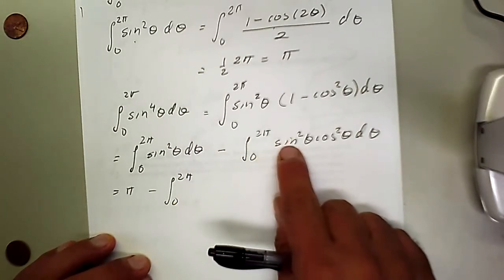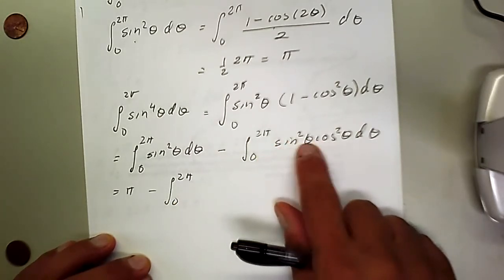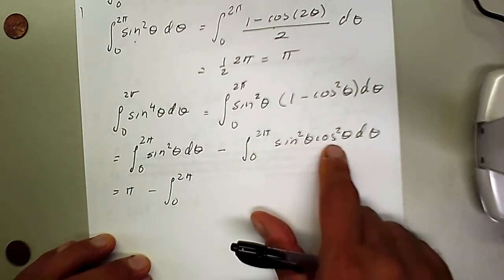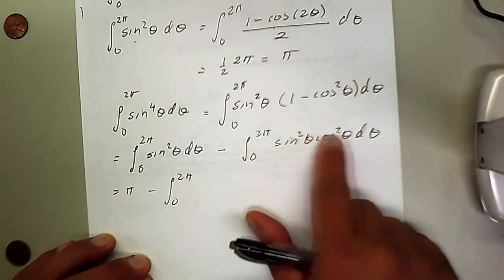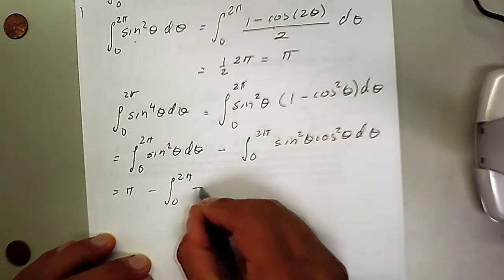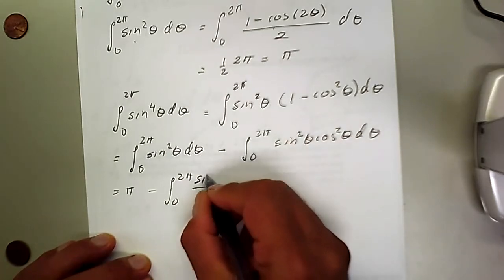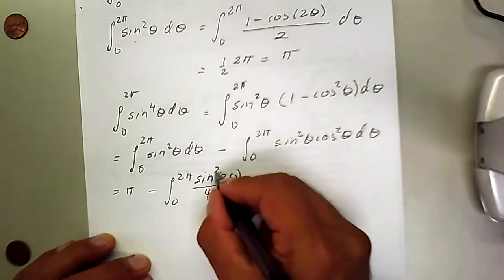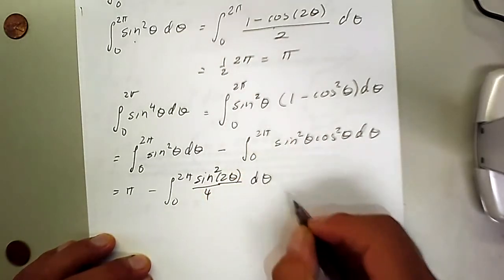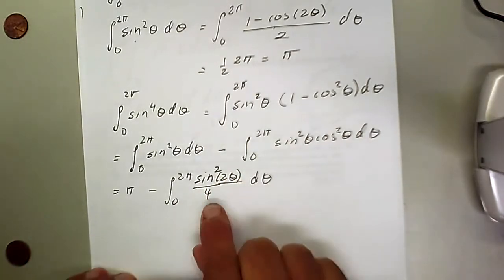2 times sine cosine of the same angle is really the sine of double the angle. Because we don't have the 2, we have to make up for that, but we got those 2 squared. So we really have sine of 2 theta squared d theta over 4.